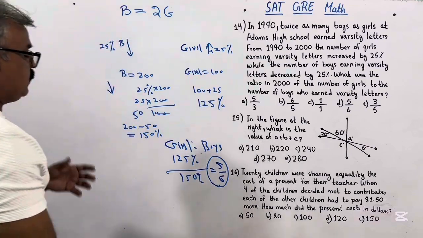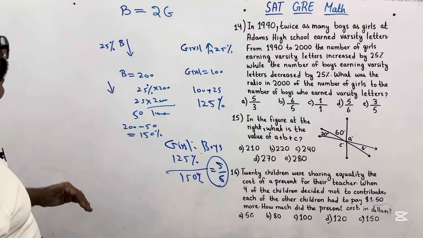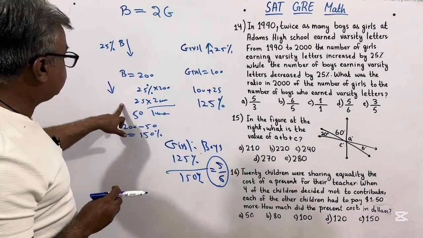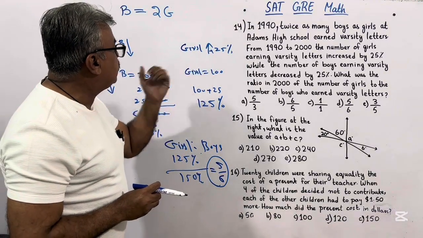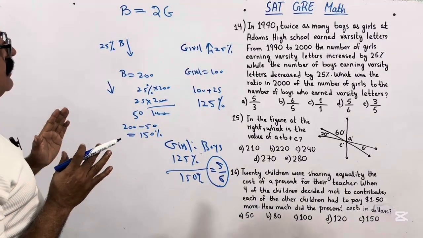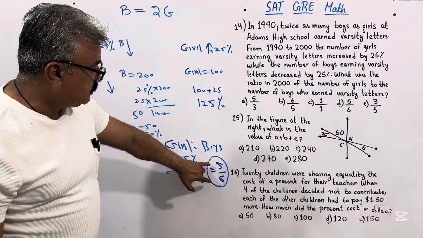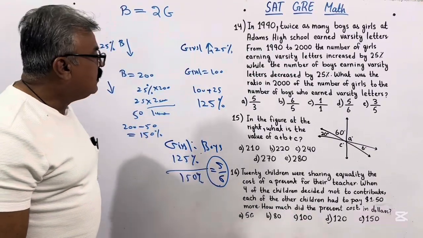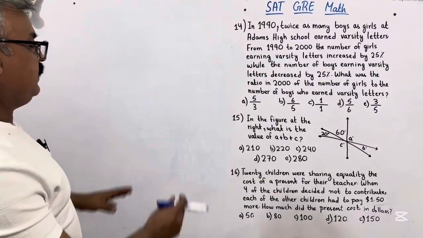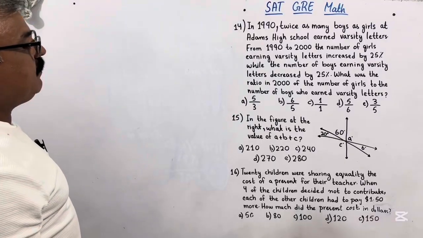So the ratio of girls to boys in 2000, after the decrease in boys by 25% and increase in girls by 25%, turns out to be 5:6.